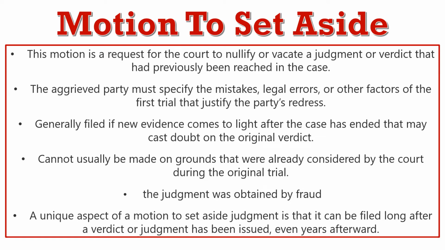So it doesn't seem like there is a time limit like there is on a lot of other motions. It can definitely be past 15 days, 30 days, 60 days, statutes of limitations on going after somebody. It looks like this one doesn't really have a timeline on it. So that is a motion to set aside.